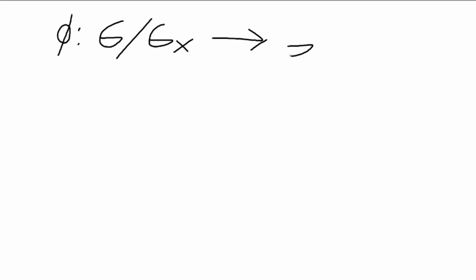The first thing that I want to show is that we want to find a mapping that goes from the cosets of the stabilizer subgroup of G in G to the orbits of the element x in G, where our group action concerns group G acting on set capital X, and these x's here are lowercase x.